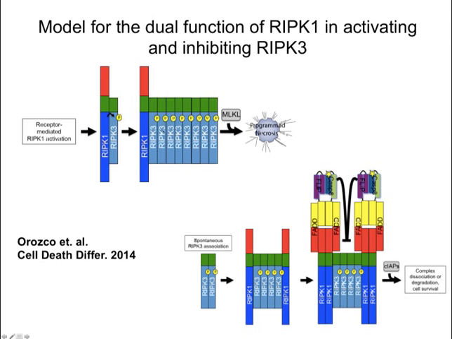And so in this way, RIP1 can act both as an activator of RIP3 in the context of receptor signaling, and as a suppressor of RIP3 activation during this spontaneous cytosolic formation of RIP3 oligomers.